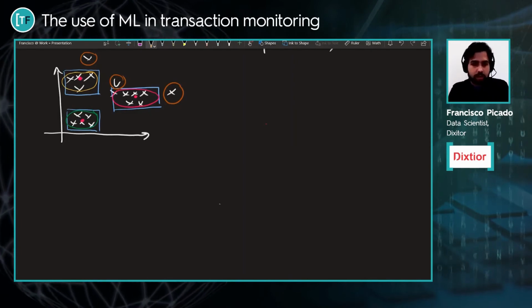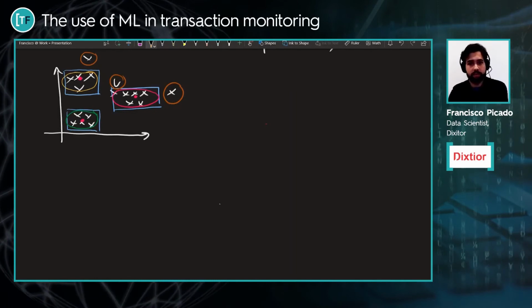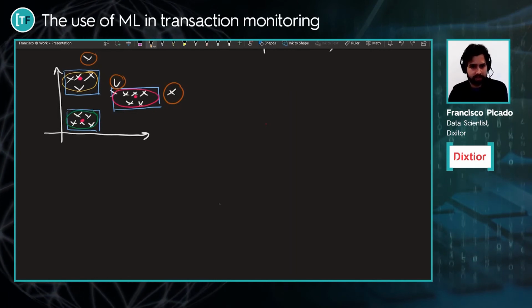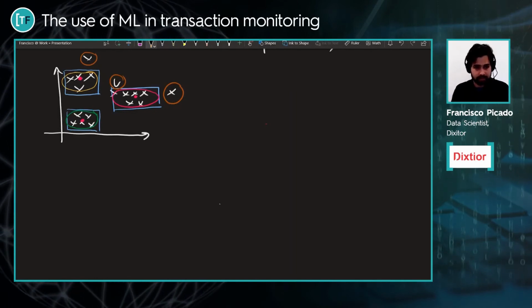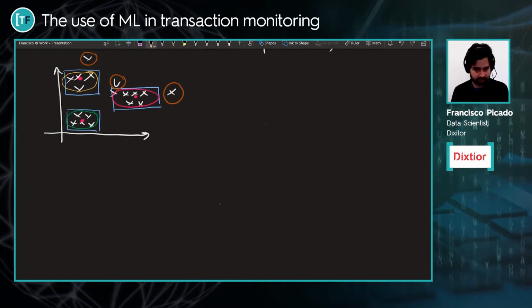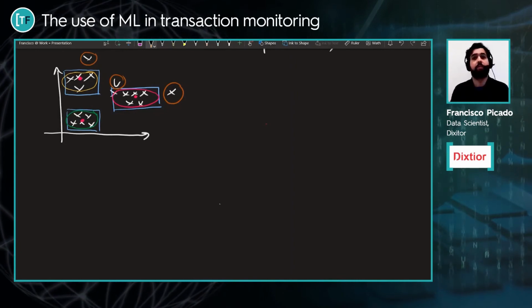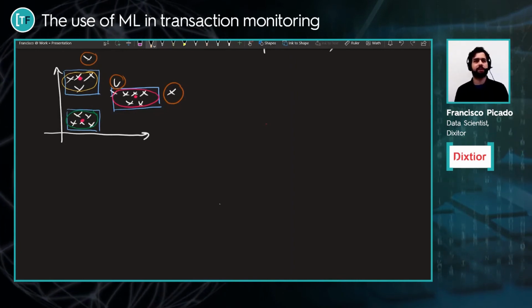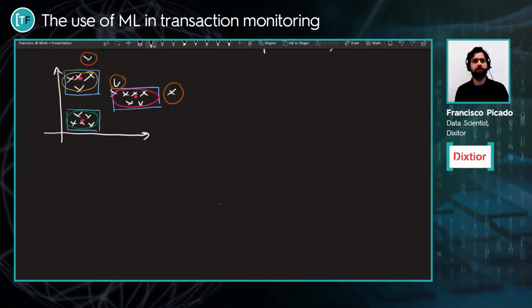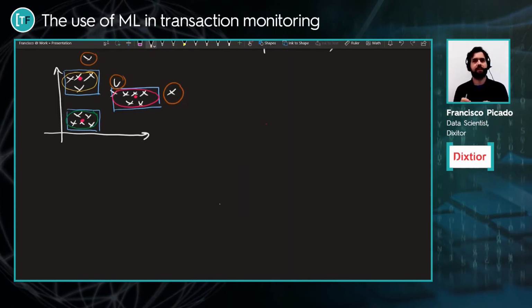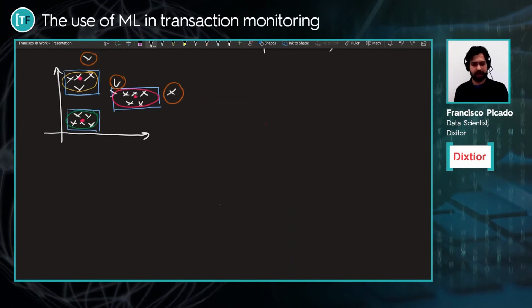So what we now want to do is to attribute risk to accounts. This is the more business-oriented part of our model. We need to group the transactions made by a single account.